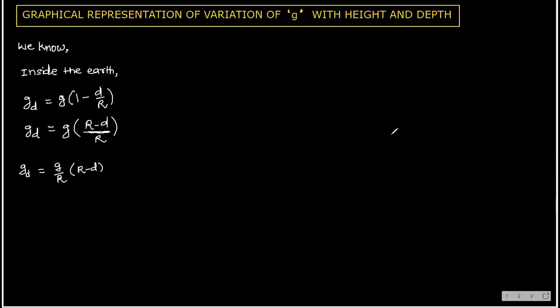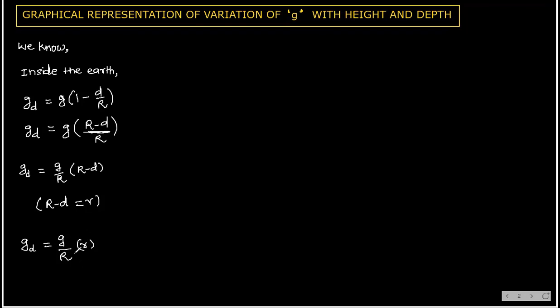Now see, till here you understood what I did. I have taken LCM and just g by R I have taken outside, R minus d. Now if I assume R minus d is equal to small r here, then you will get g_d is equal to g by capital R into small r.